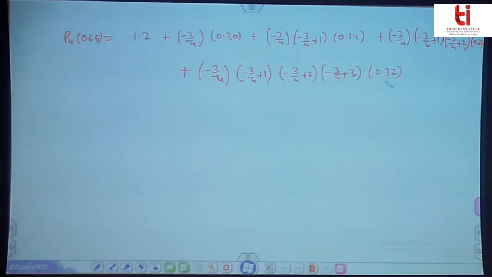After doing all the calculation, you get a value equivalent to 1.080925. This is the value of P4 at 0.65.